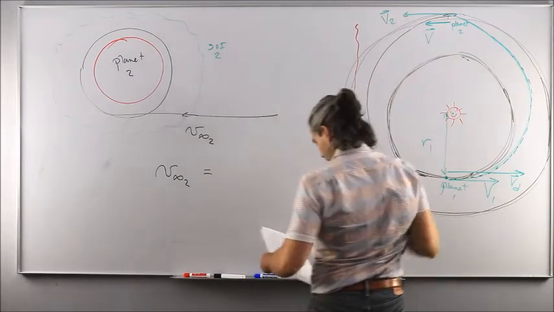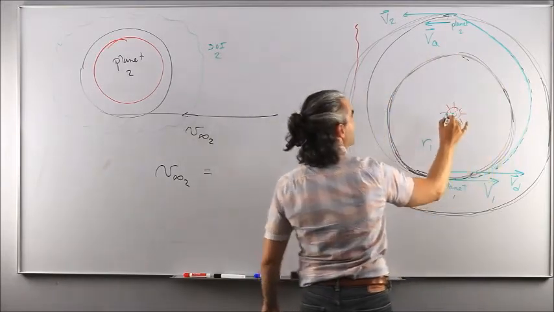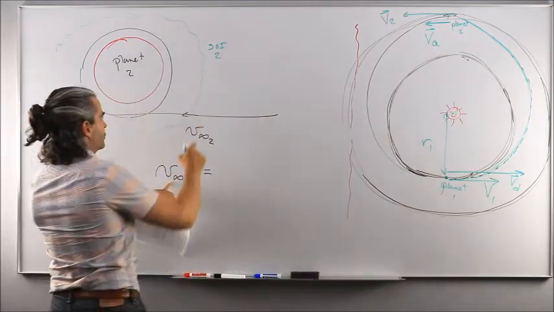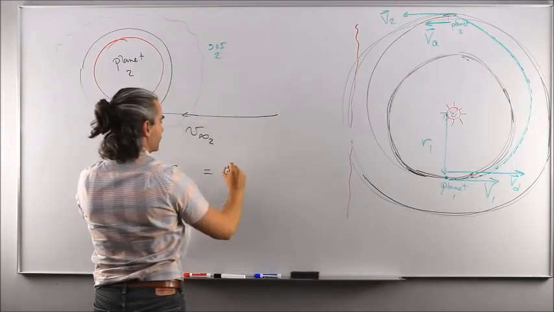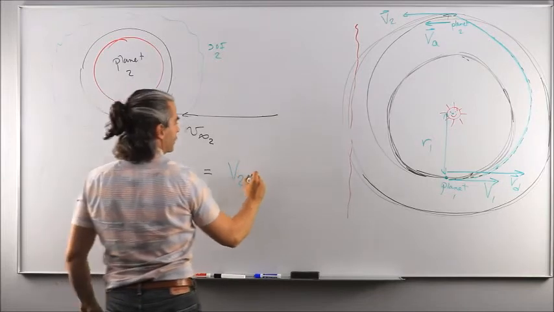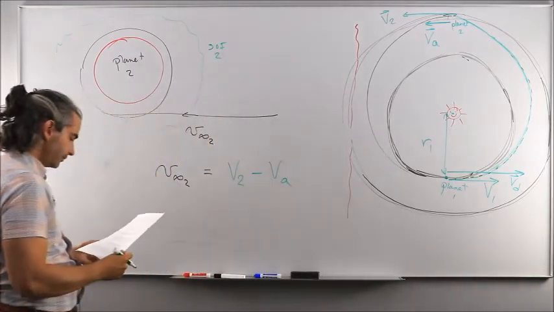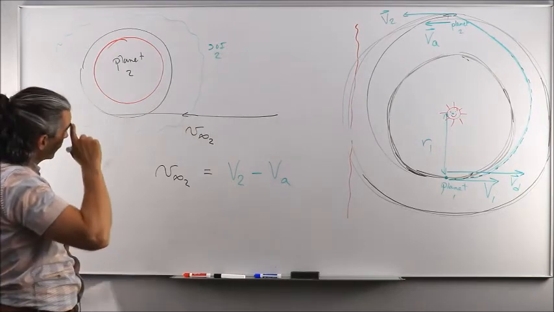Capital V that I've denoted is A for arrival along the transfer orbit, this time at its apogee. So V infinity that you would have with respect to the planet upon entering its sphere of influence would be equal to V2 minus VA, simply. Okay?